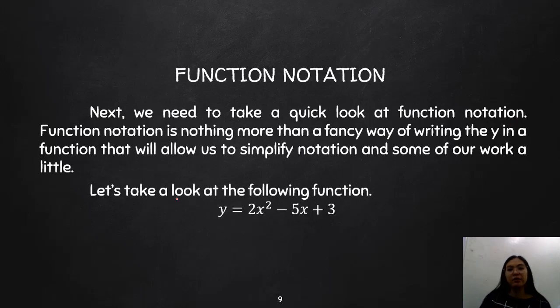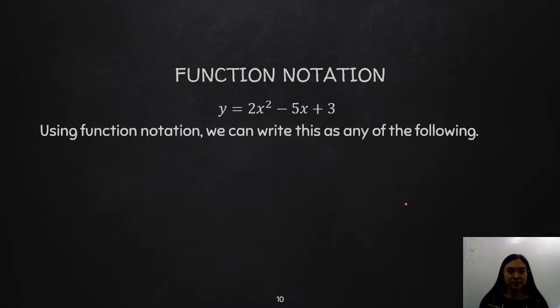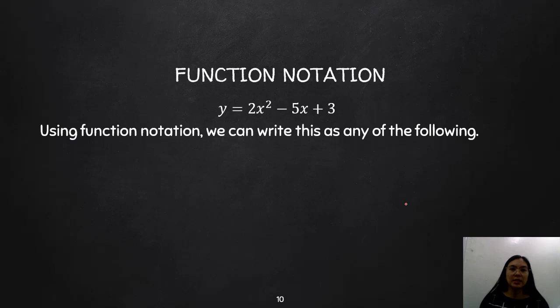So for example, you have this function y is equal to 2x squared minus 5x plus 3. There are actually a lot of ways on how you could write this equation. So it says here, using function notation, we could write this as any of the following. We could write it as such.